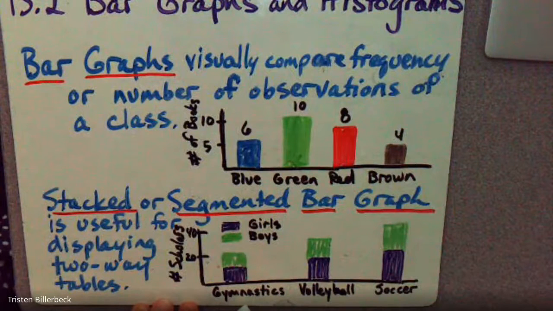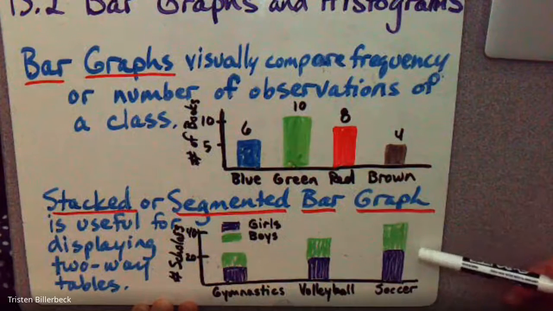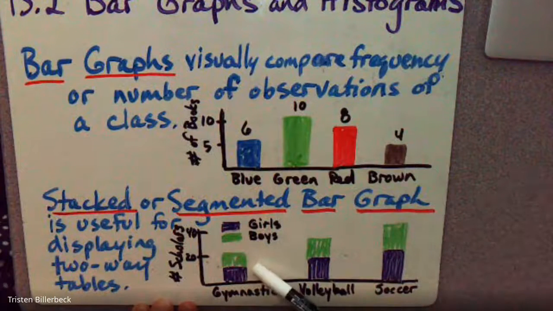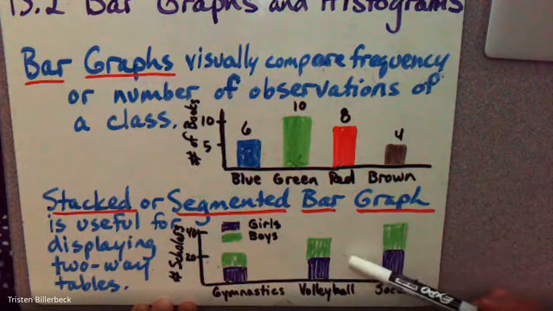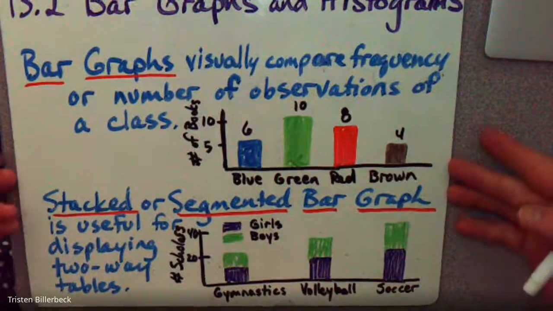And if I have classes of sports, say gymnastics, volleyball, and soccer, I can see it's pretty even in gymnastics and volleyball and soccer. And I can also see that soccer is much more of a favorite sport than, say, gymnastics. But volleyball is very popular too. So again, it's a quick reference. We can quickly understand the data better when it's visually represented to us.